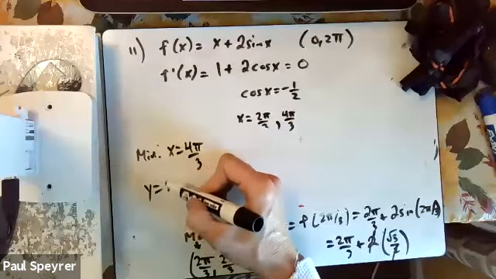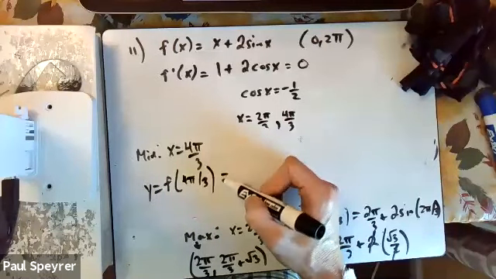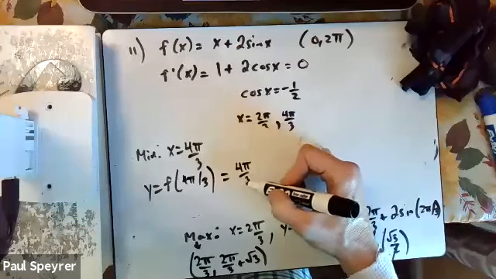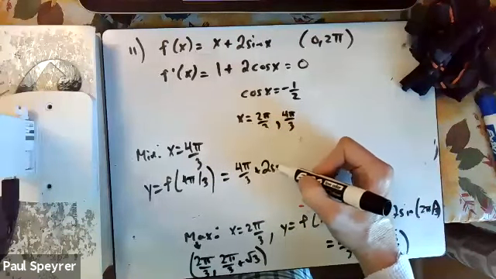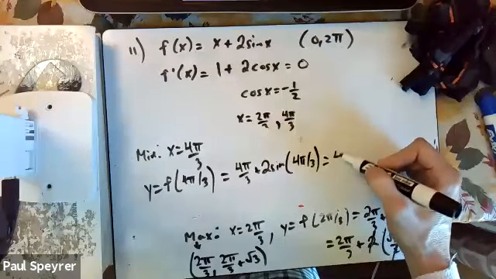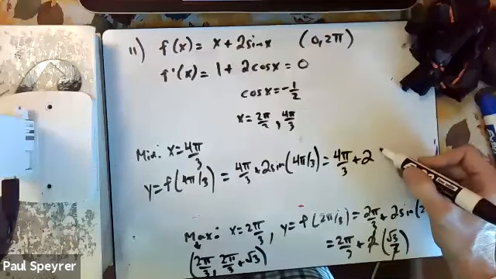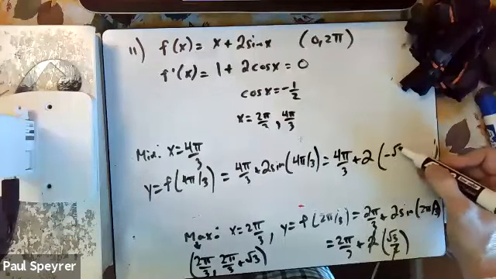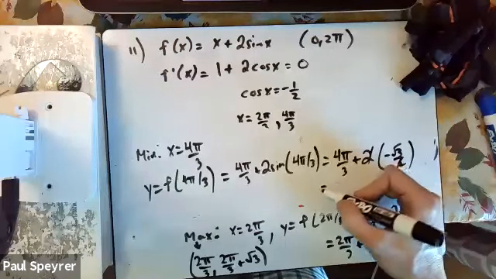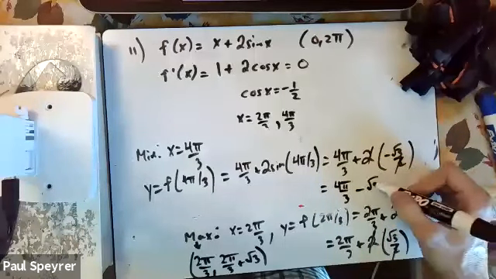Y is going to be f of 4 pi over 3, which is just 4 pi over 3 plus 2 sine of 4 pi over 3. That's 4 pi over 3 plus 2, and then it's going to be negative square root of 3 over 2 instead. These 2's get knocked out. So then you're left with 4 pi over 3 minus root 3.